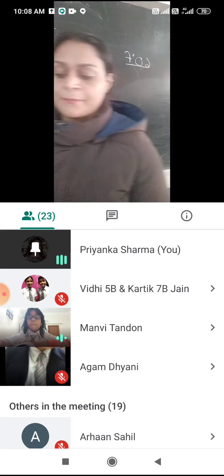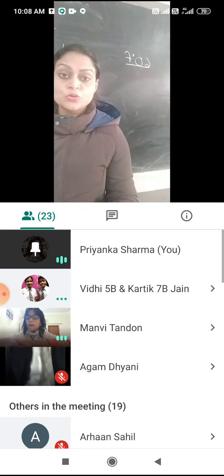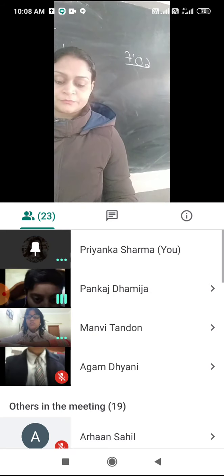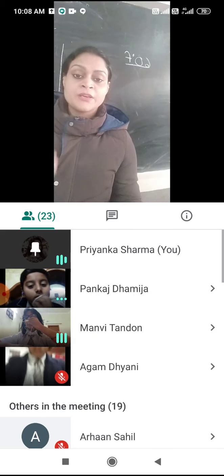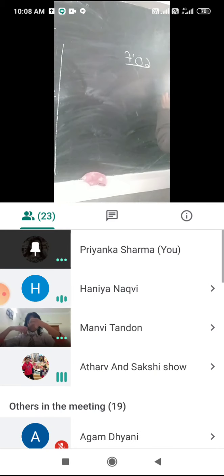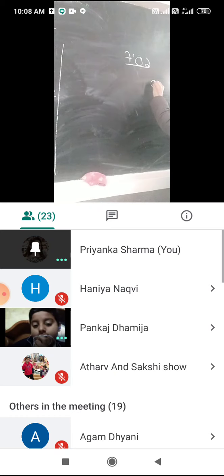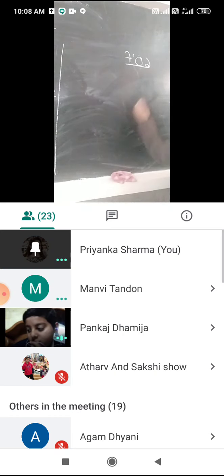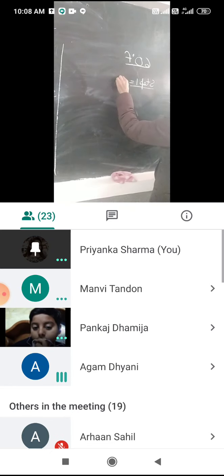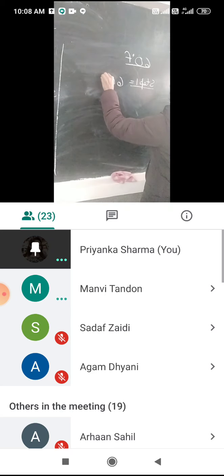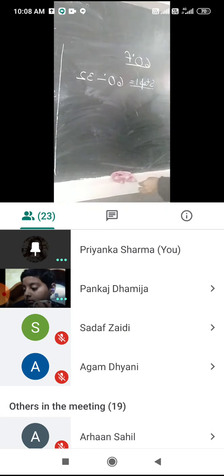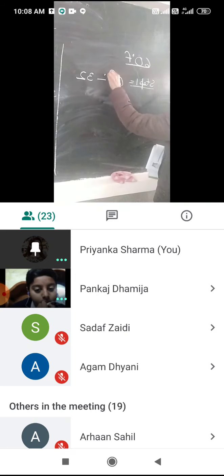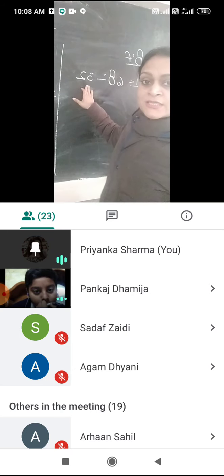What is the first step? Now here we have to move the opposite direction. First we will subtract 32. Step 1 is to subtract. 68 minus 32.